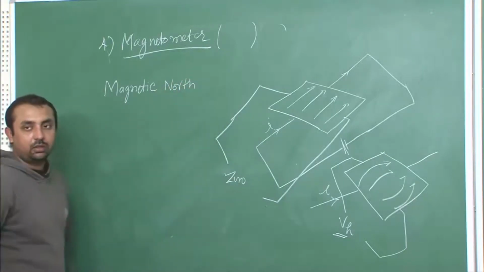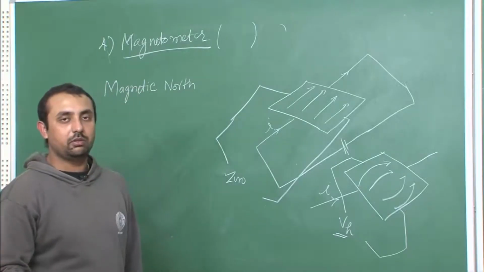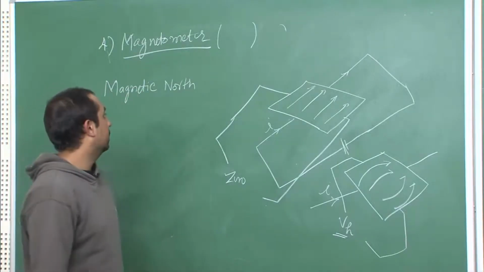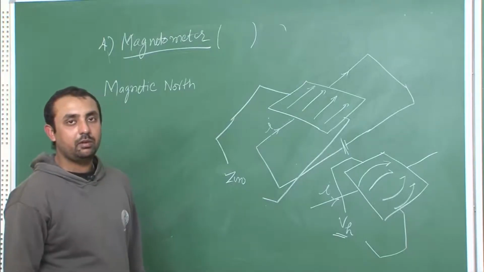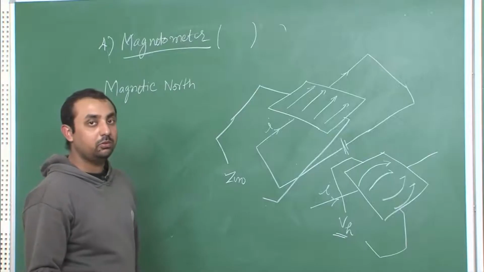Now this magnetic north will constantly vary according to a particular location where you are. If you have GPS data, then there is data available where you can give a correction factor to align your vehicle to true north.